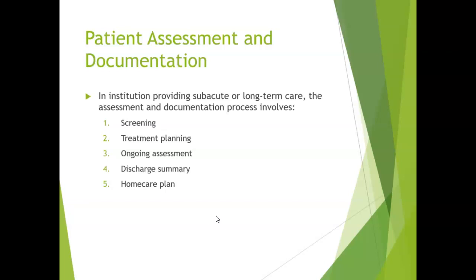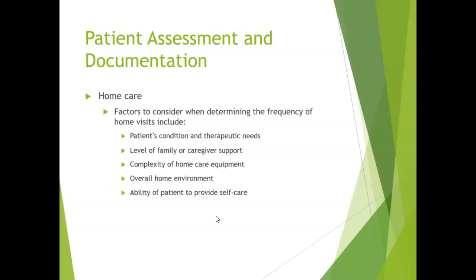And then as they reach their full potential, this is when we can start looking at discharge summaries for the patient. So if they got discharged to a long-term facility and you're the RT there, and now they're getting discharged home, you're going to want to put in a discharge summary that describes everything that you've done with the patient and whether you were successful or not in achieving the goals you'd initially set out for the patient, and anything that the patient would then need to be doing in the home care setting.